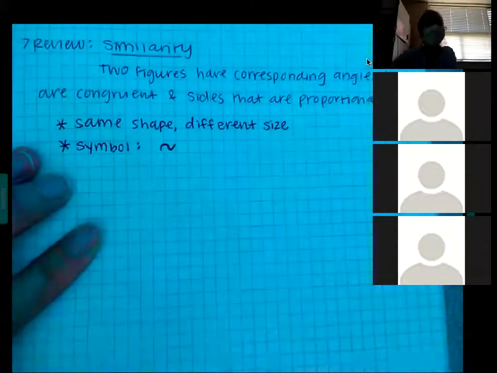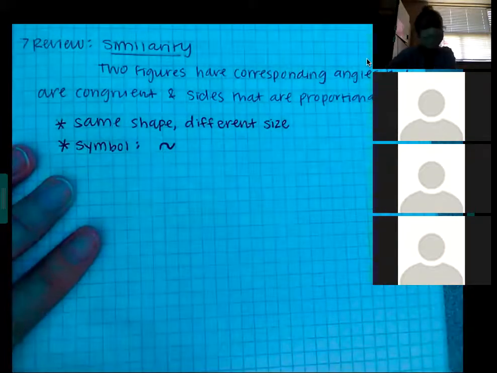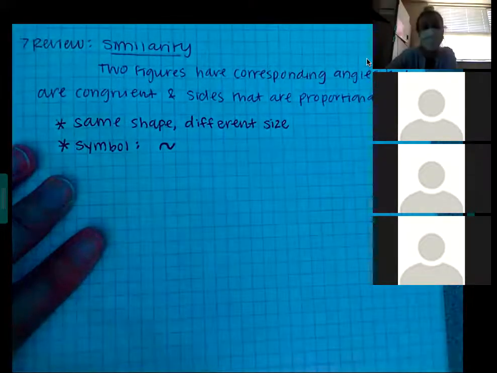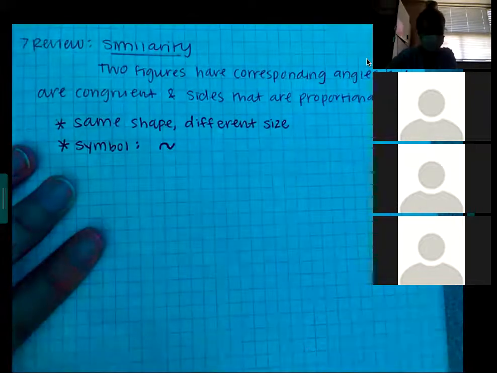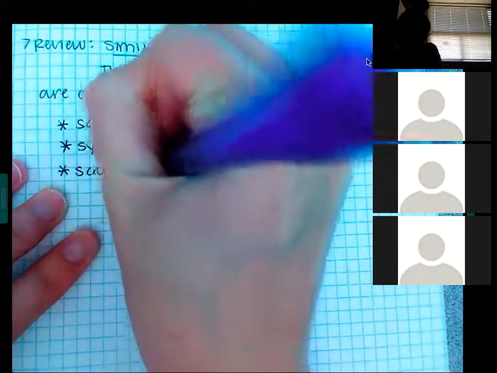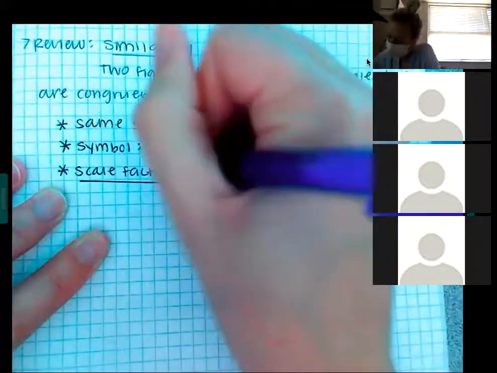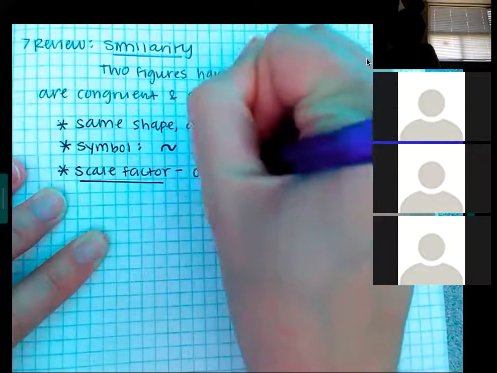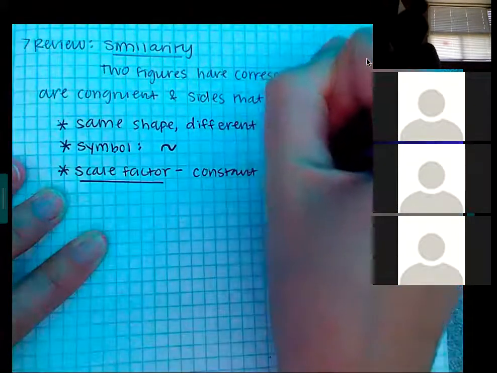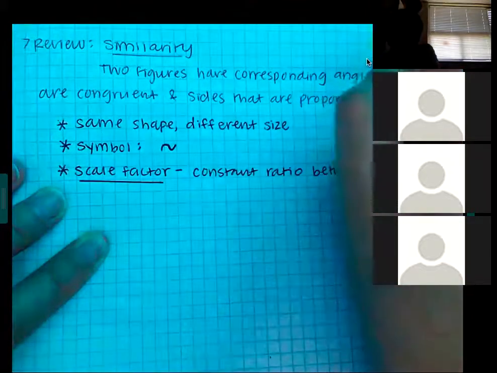Remember, if it's a squiggle and then an equal bar, what does that mean? Congruent, which means they're exactly equal. Good. You just see the squiggle, that's similar. And then they all should have the same scale factor, which is just a constant ratio between corresponding sides.